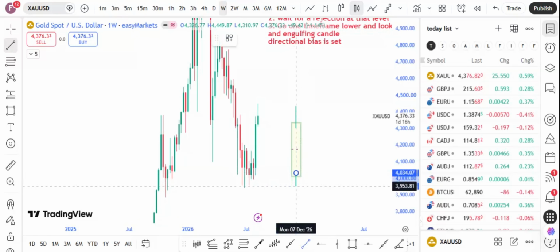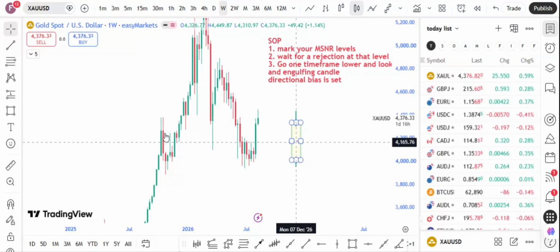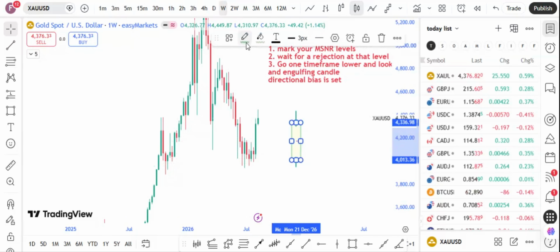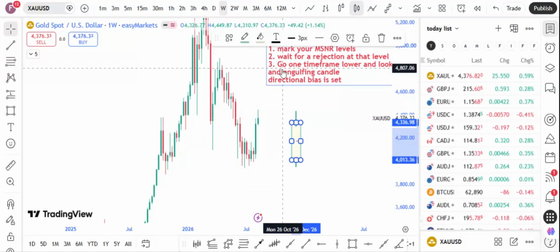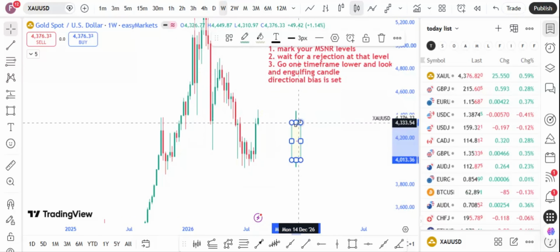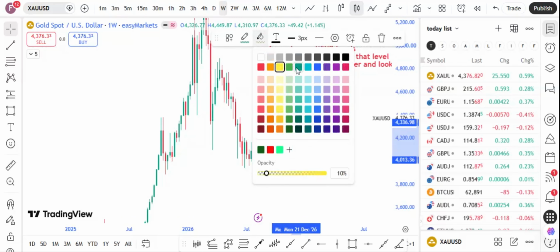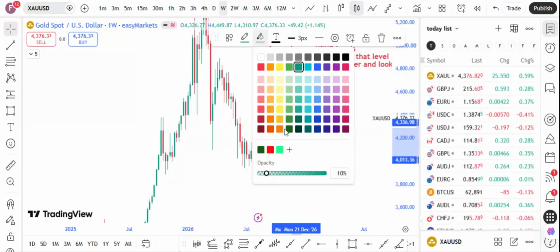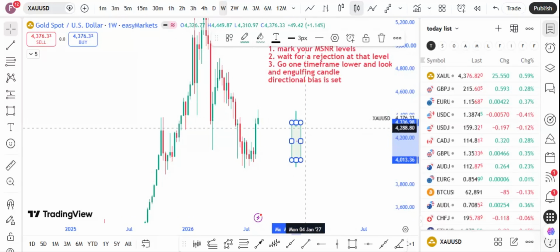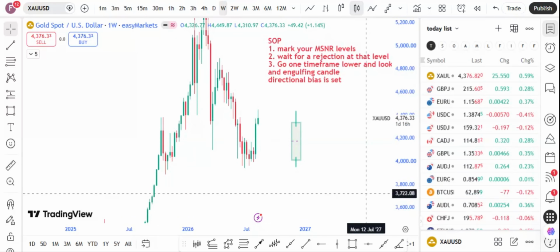So let's assume this is my green candle. I need to shade it green.